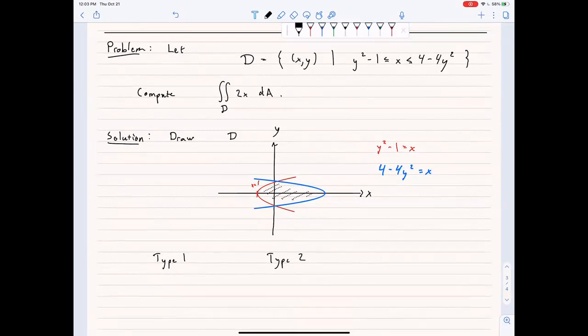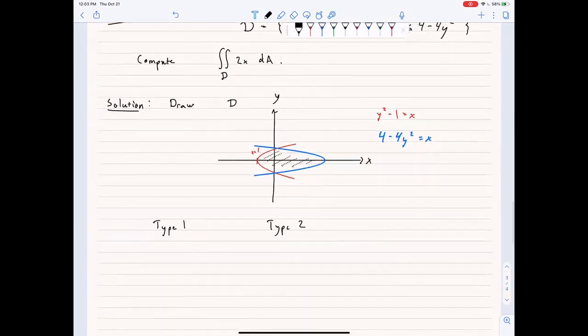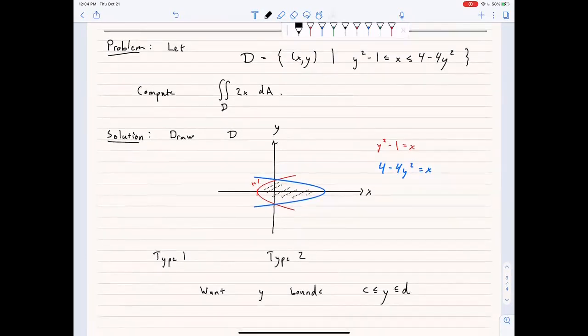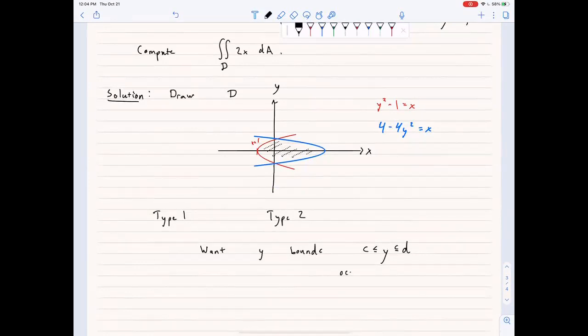So how do you find these y bounds? Well, you look at the intersections of these two curves. So we want y bounds: y should be between C and D. As I said, this happens when both of these curves intersect, when we get this equal to this. So this occurs when y squared minus 1 equals 4 minus 4y squared.